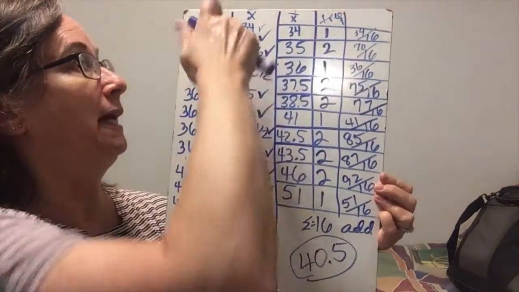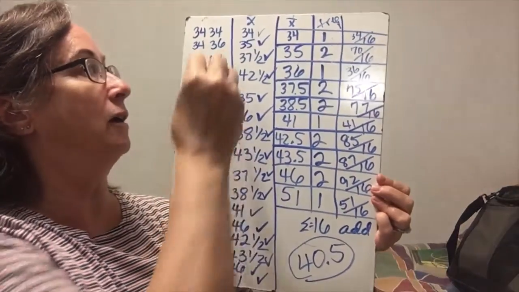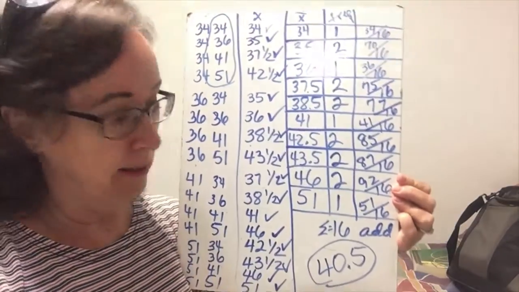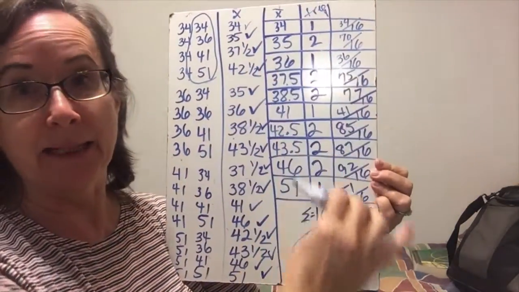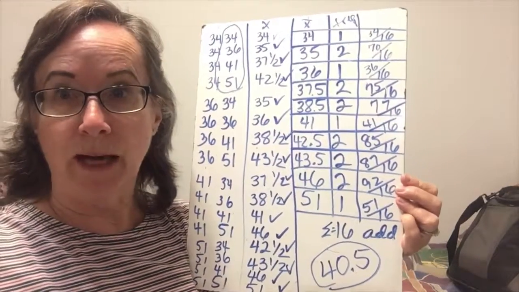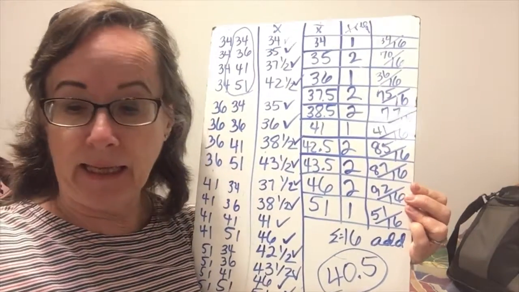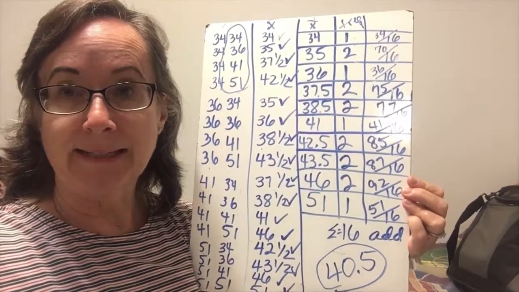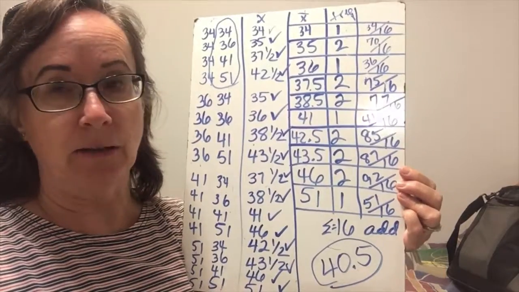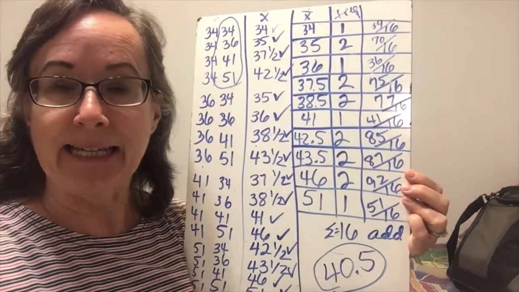So the mean of the original 4 numbers is 40.5, and the mean of the sampling distribution is 40.5. The question was, is the sampling distribution mean a good estimator of the population mean? And yes, indeed it is.